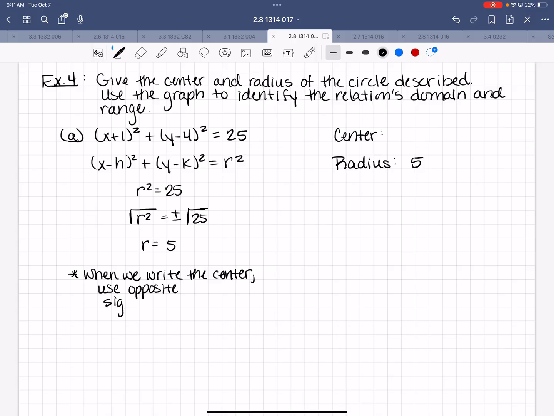If you look back on example 3, I plugged in x minus negative 4, squared, and y minus negative 2, squared. So it winds up being the opposite sign. My center is not going to be positive 1, negative 4. My center is going to be negative 1, positive 4. So just think of it like that: use an opposite sign when we write the center.